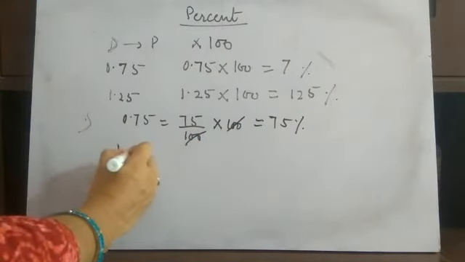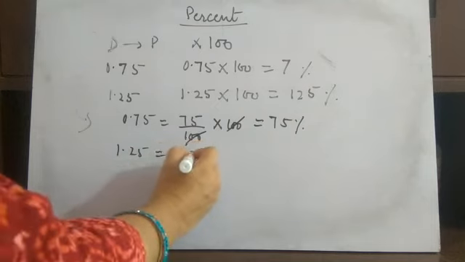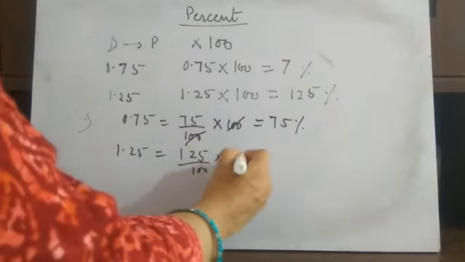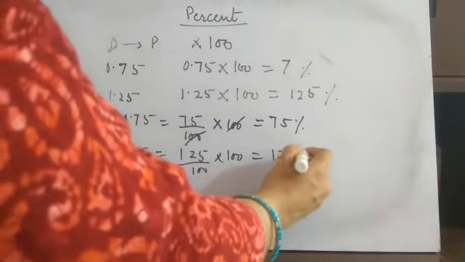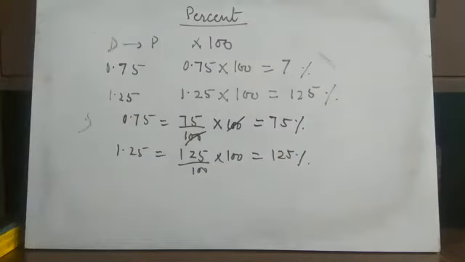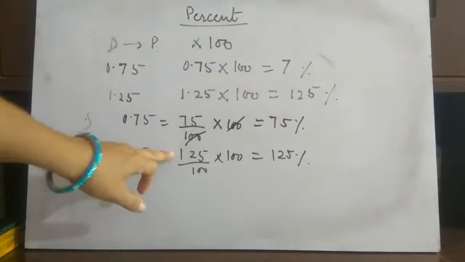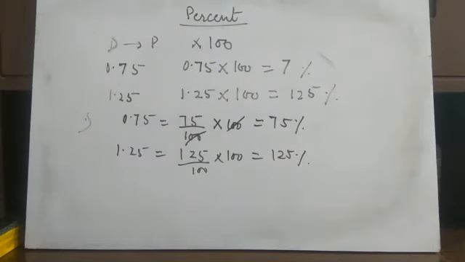If we take 1.25, we write 125 upon 100, and then we multiply by 100, it gives you 125%. So they are one and the same thing. If you directly multiply, or first convert into a fraction and then multiply, it will give you the same answer.